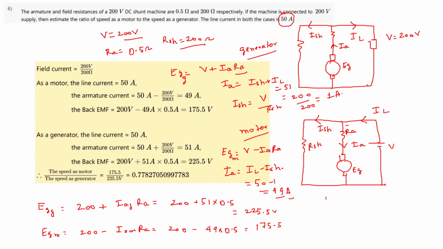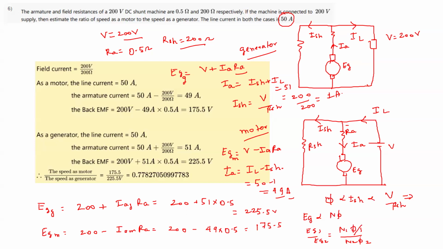Now in both the cases, the flux is proportional to ISH, which is proportional to V by RSH. So in both the cases, the flux is the same. EG is proportional to N into phi. So EG1 by EG2 is equal to N1 phi 1 by N2 phi 2.